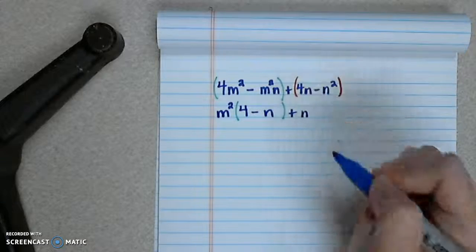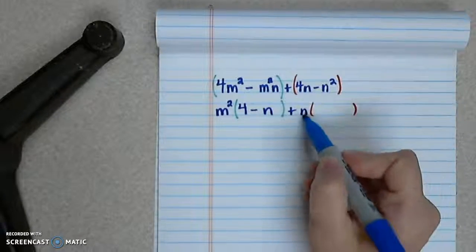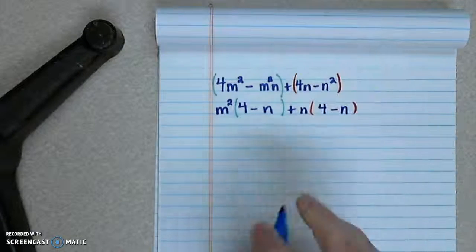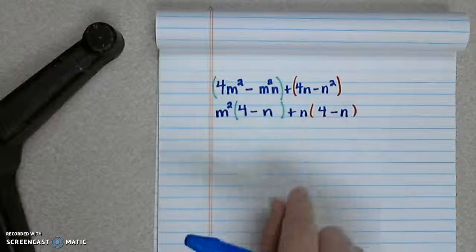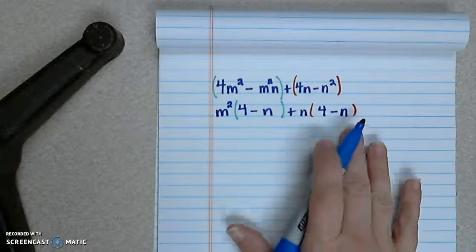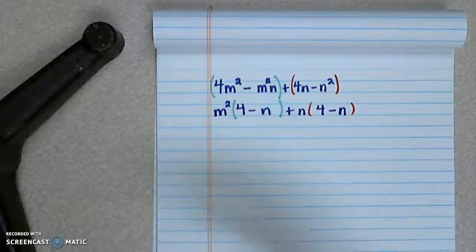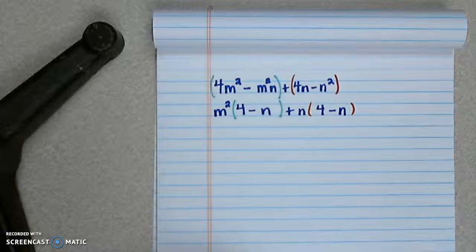The smallest exponent is a 1. So when I factor out the n, I'm left with 4 minus n. Notice what's in parentheses, 4 minus n, 4 minus n, the exact same. Remember, if they're not the exact same, sign and all, you've either not factored out the GCF or it's not factorable. And I don't intend to give you any that are not factorable.